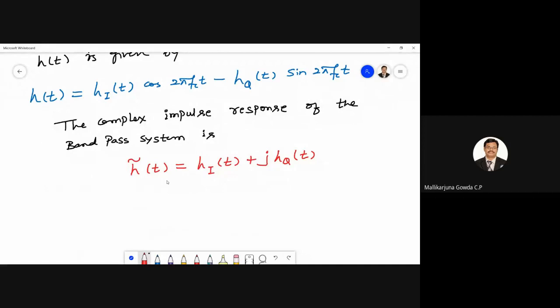So I can express this h of t similar to the bandpass signal. I expressed the bandpass signal as s of t equal to the real part of s tilde of t into e power j 2 pi fct. In the same way, I can express the impulse response in terms of the complex impulse response.